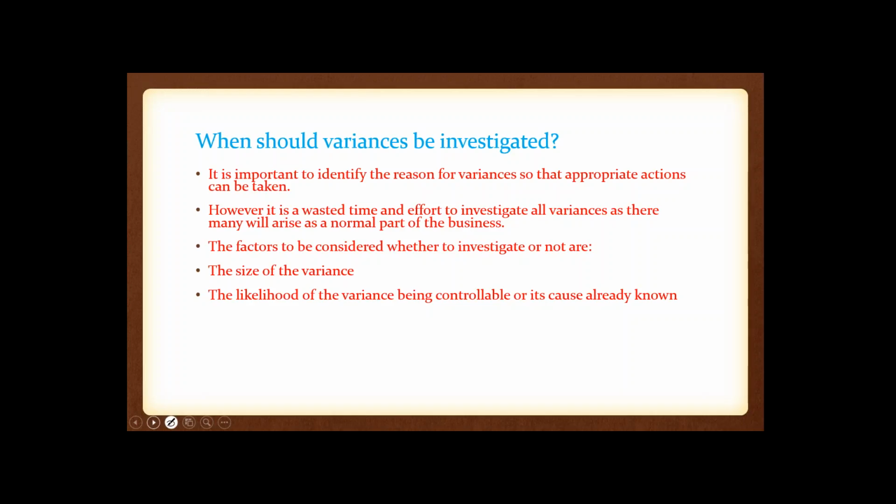Or we know the cause of the variance. Why we analyze the variance is to find out the cause of the variance. So if you know the cause, why just spend your time analyzing the variance, isn't it?